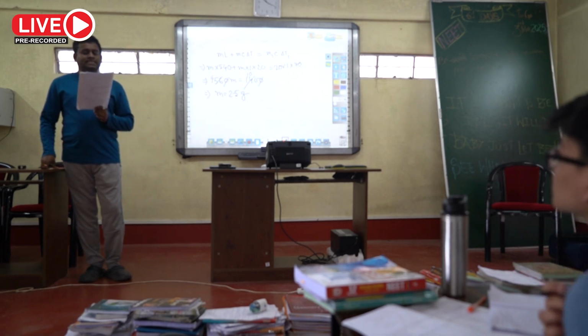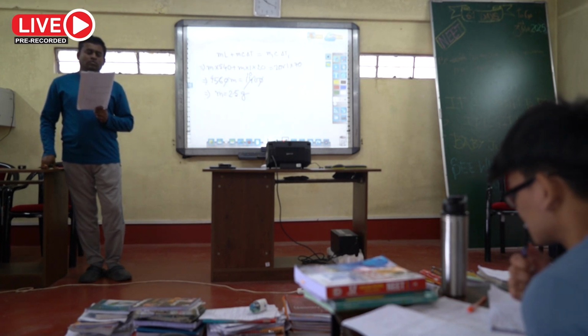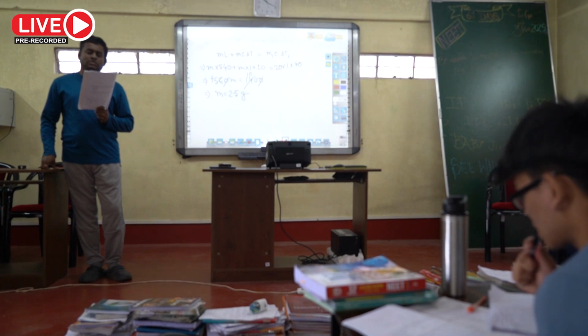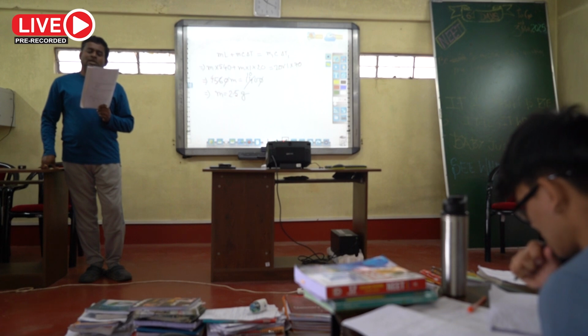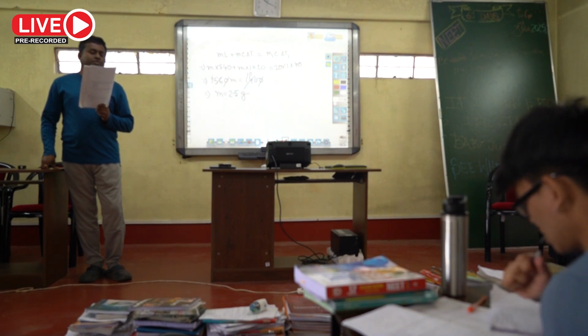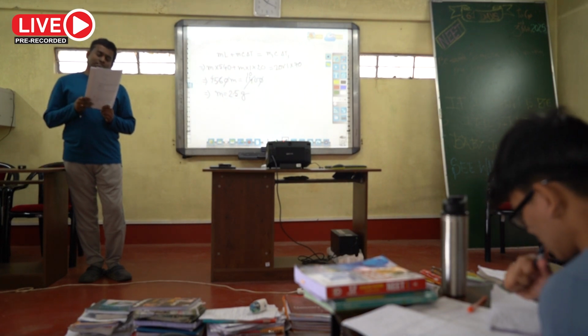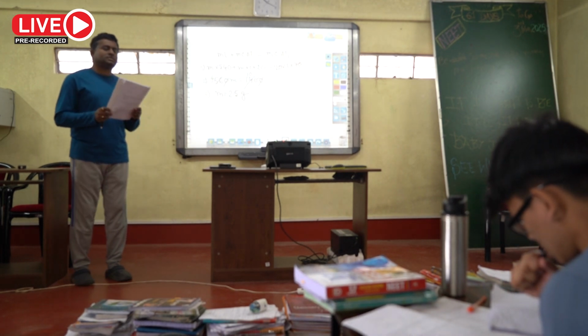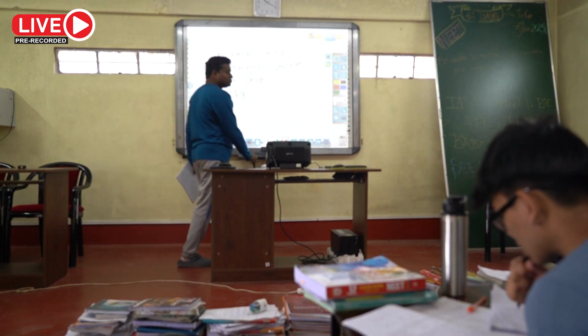See, question number 16. A certain quantity of water cools from 70 degrees Celsius to 60 degrees Celsius in the first 5 minutes and to 54 degrees Celsius in the next 5 minutes. The temperature of the surrounding is? You have to use Newton's law of cooling.